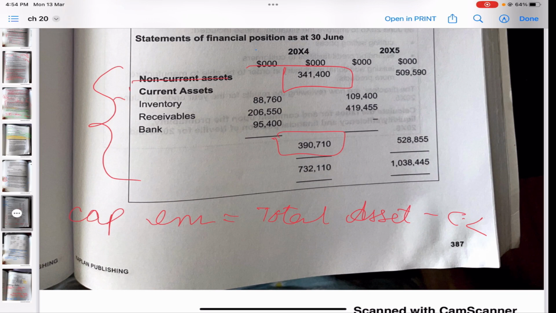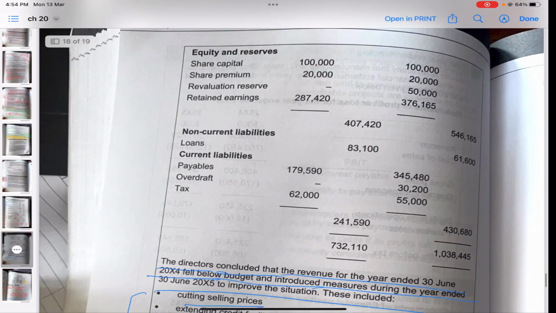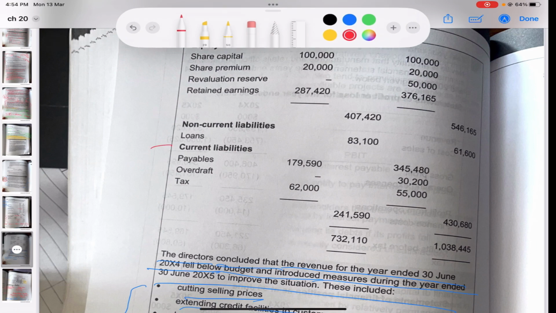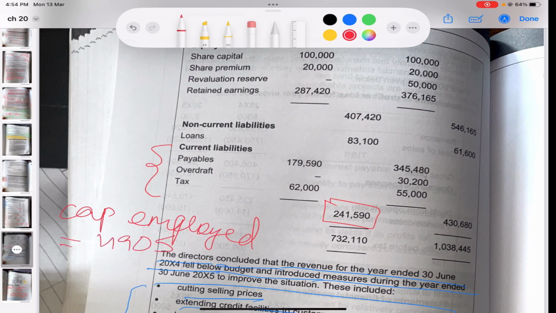What is the total assets? 732,110 minus current liability. Let's just do that. Current liabilities is 241,590. So this is going to give me 490,520. So my capital employed, yeah, we got it right now. The capital employed is 490,520. Why? Because capital employed is equal to total assets minus current liability.